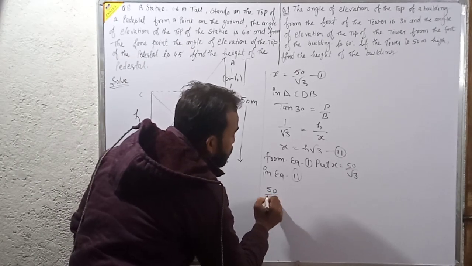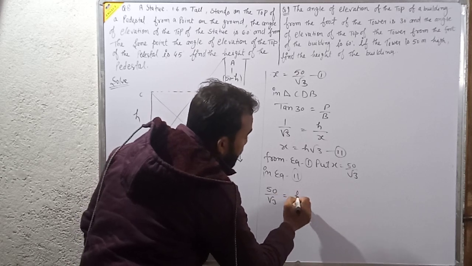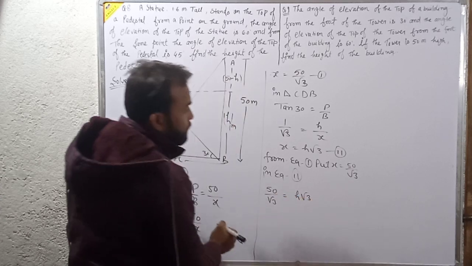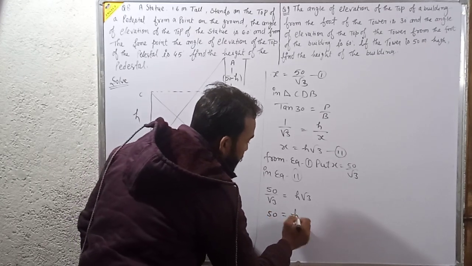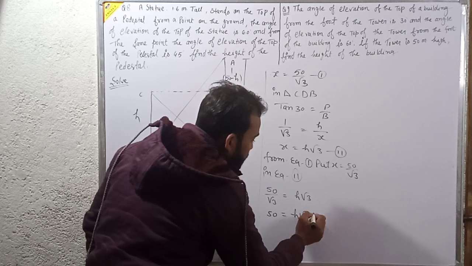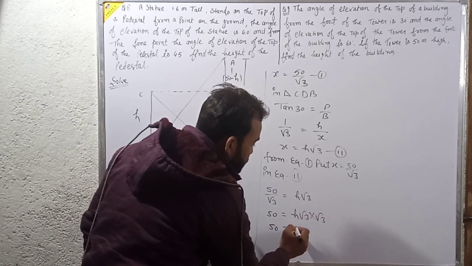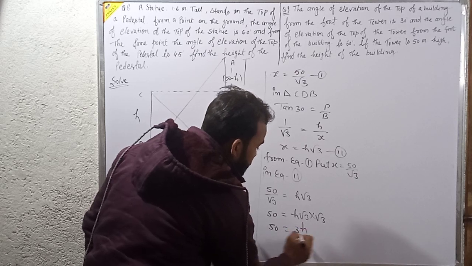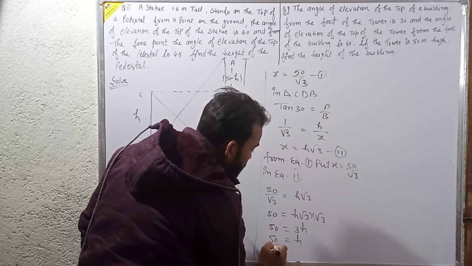50 upon root 3 is equal to H root 3. 50 is equal to H root 3 multiply root 3. 50 is equal to 3H. H is equal to 50 upon 3.